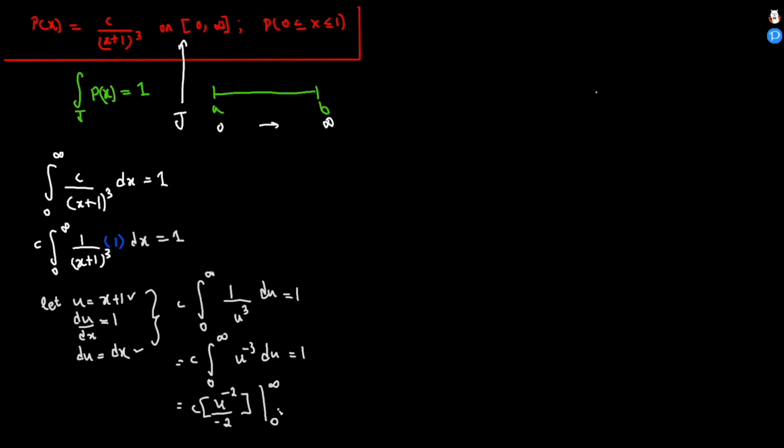But we can't just use these bounds, because this is in terms of u and these bounds are for x. So we can either get new bounds or just put the x value back into this function.